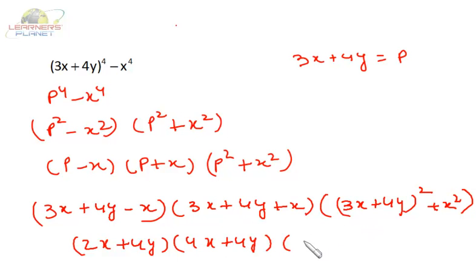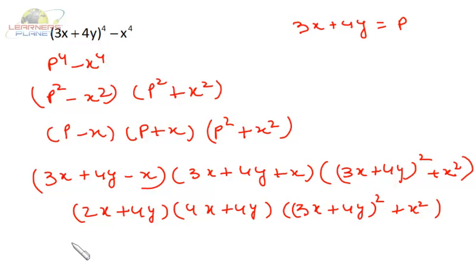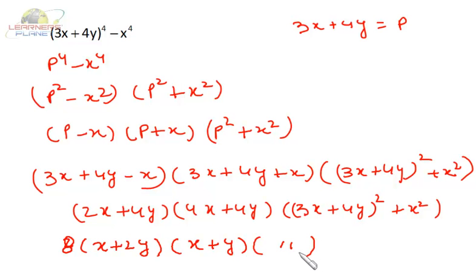Then it is 3x plus 4y whole square plus x square. Now you can take 2 common from this and 4 from this. So it's 2 times x plus 2y, and from this I am taking 4 as common. So this 2 into 4 will be 8. So it's x plus y, and this term will be as it is. Okay. So I hope you might have understood it.